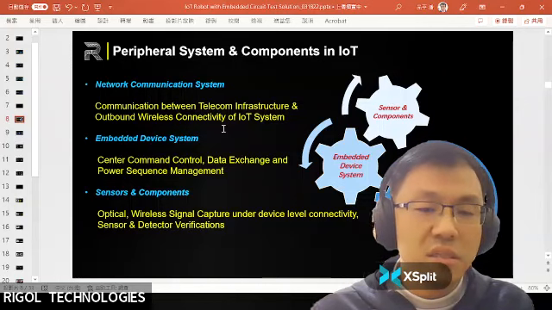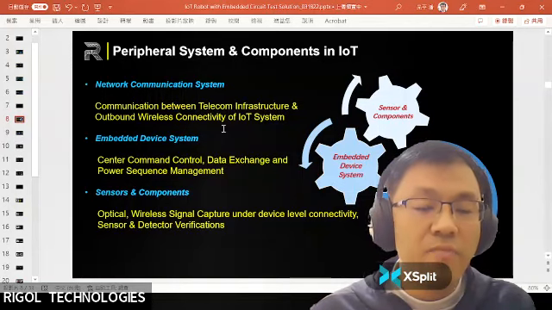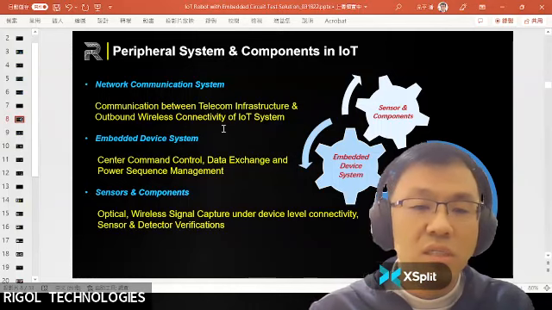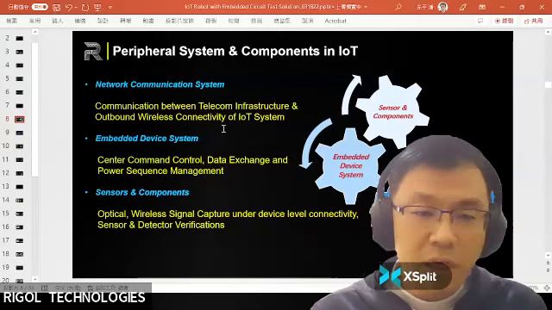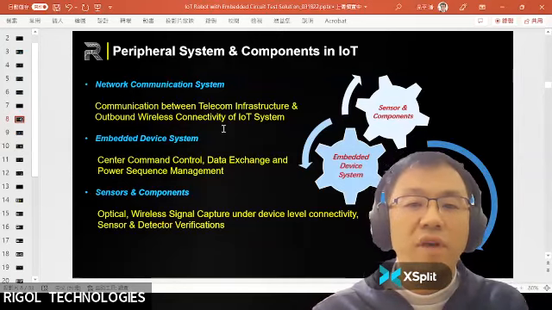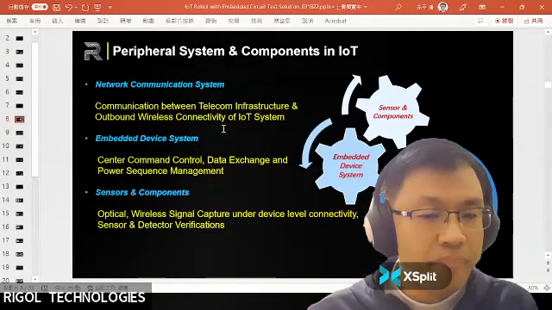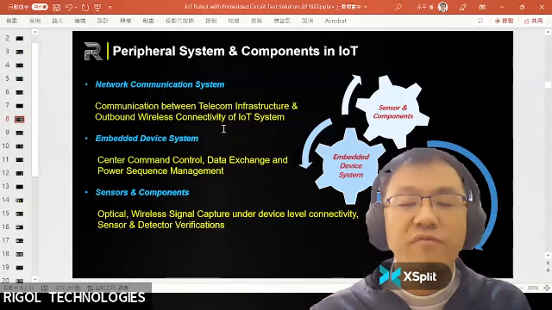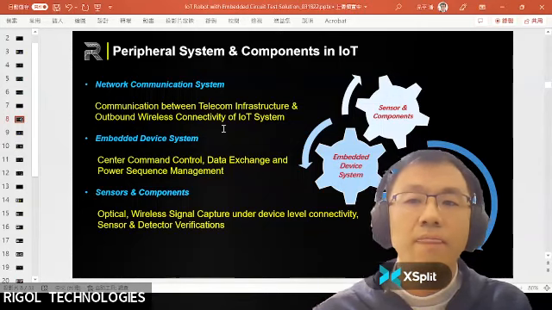And the third level, the lowest level, is the sensors and components, such as devices for optical wireless signal capturing under device-level connectivity. So the verification of sensors and device detectors is very, very important.